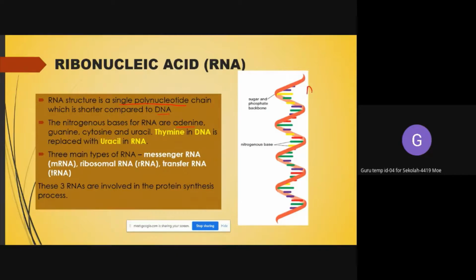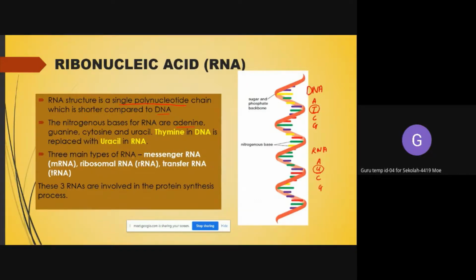Untuk DNA tadi, nitrogenous base adalah adenine, thymine, cytosine dengan guanine. Ada perbezaan di antara uracil dan thymine. DNA ada thymine, RNA ada uracil.